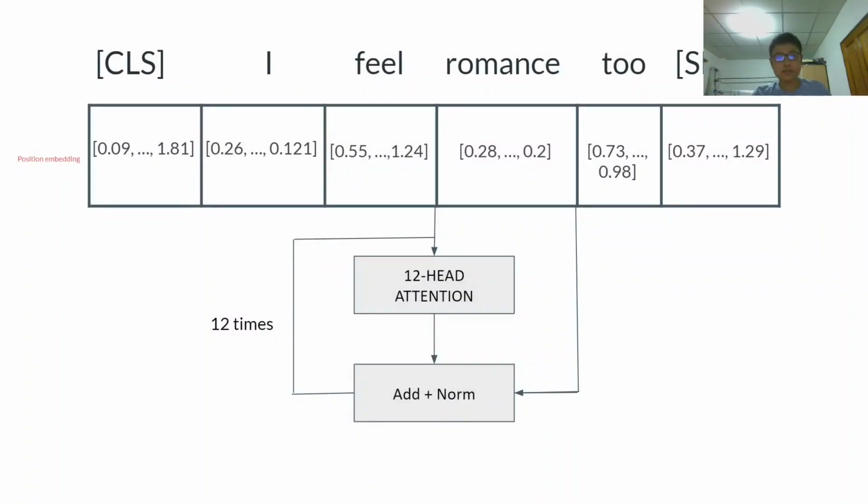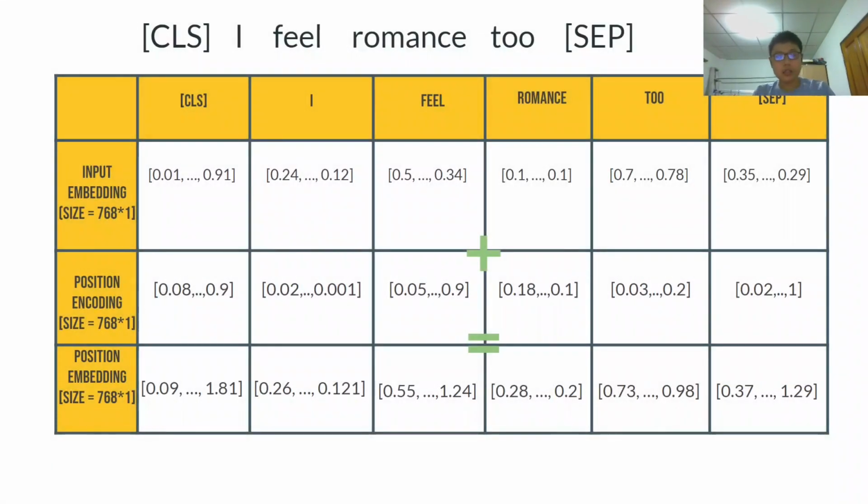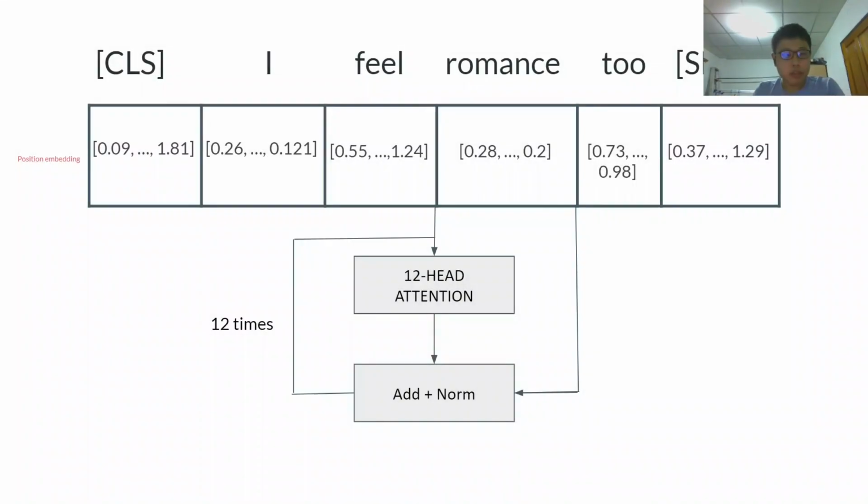Okay, next, the result here is called the position embedding, the sum of them. And once we got the position embedding, we will plug it into this function called 12-head attention. The reason I call it 12-head is that BERT base has 12 attention heads.